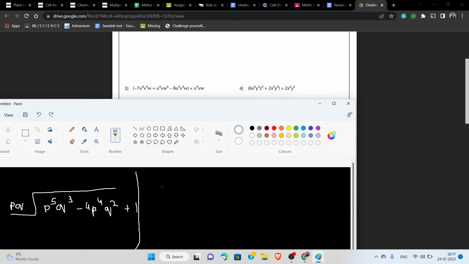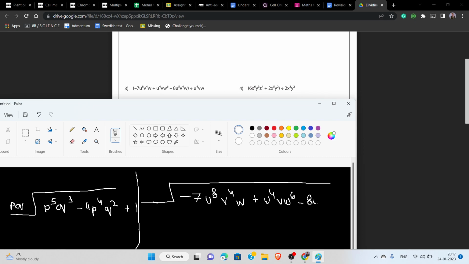Minus 7 u to the power 8 v to the power 4 w plus u^4 v w^6 minus 8 u^5 v^4 w, right?